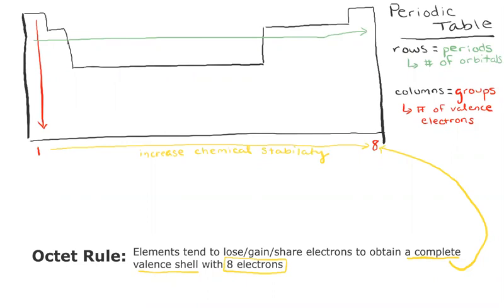So columns on the left are going to be less stable than columns on the right. This last column is the only one. So this column right here is the only column with 8 valence electrons that is completely stable.